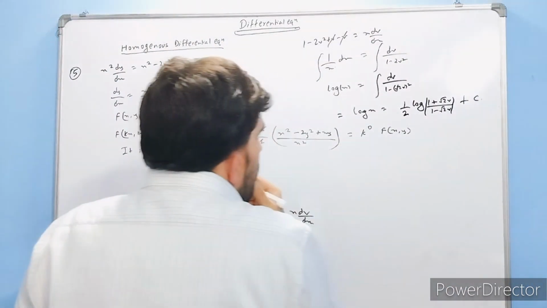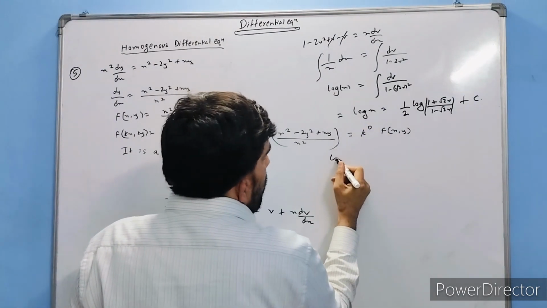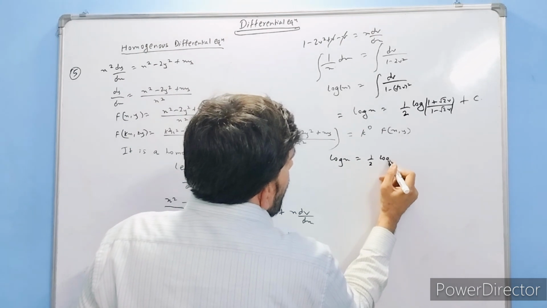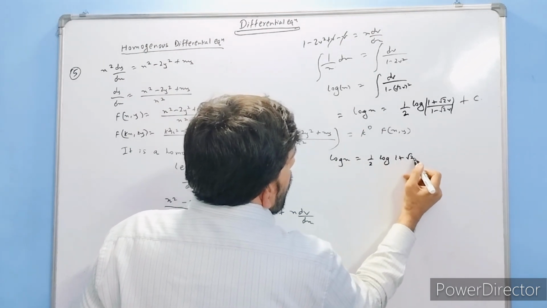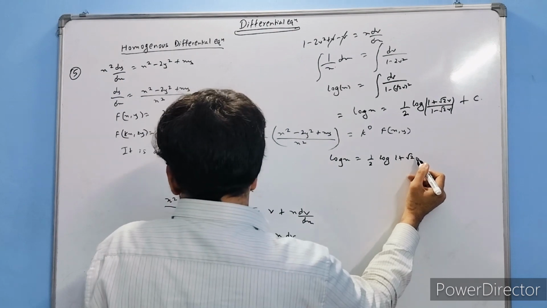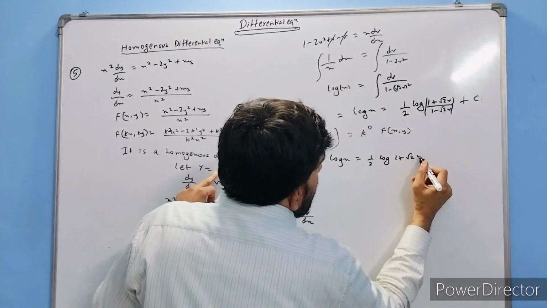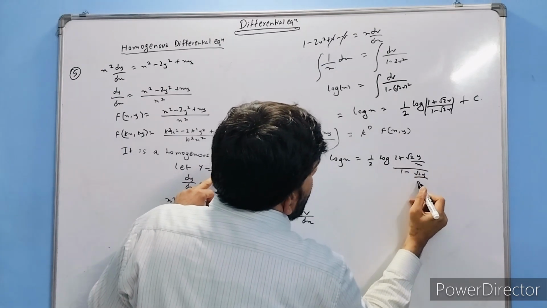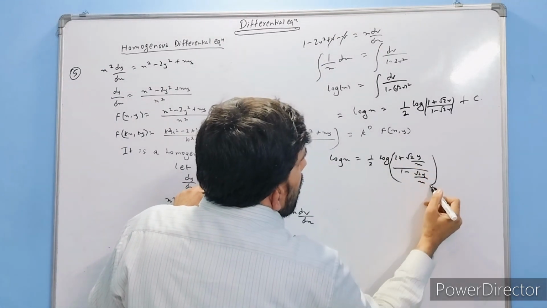Okay, here we can solve: log x is equal to, we'll put the value, 1 plus root 2 v upon 1 minus root 2 v. We have taken y equal to vx, no? So v is y upon x, giving 1 plus root 2 y upon x upon 1 minus root 2 y upon x, plus c.